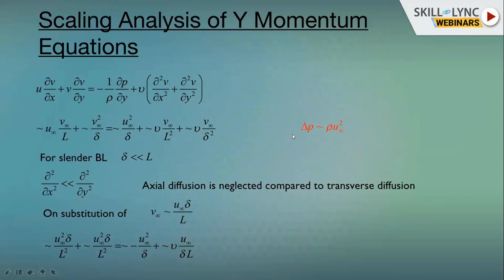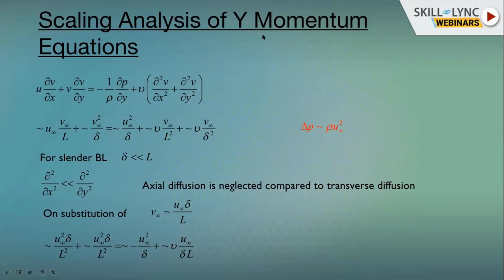This is an approximation; finally we will see if this approximation is correct or not. Let's substitute delta p of the same order as rho u infinity square. This is purely from dimensional analysis. Finally we'll see the physical meaning of the substitution, right?